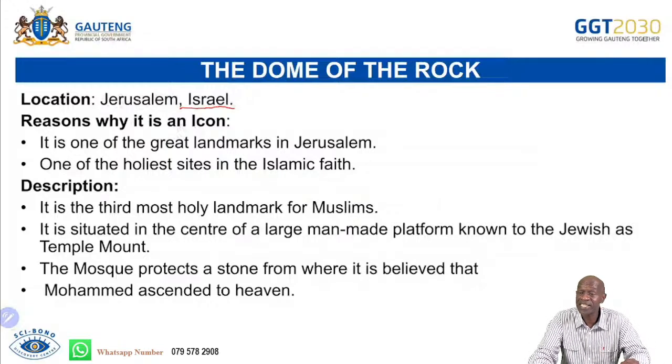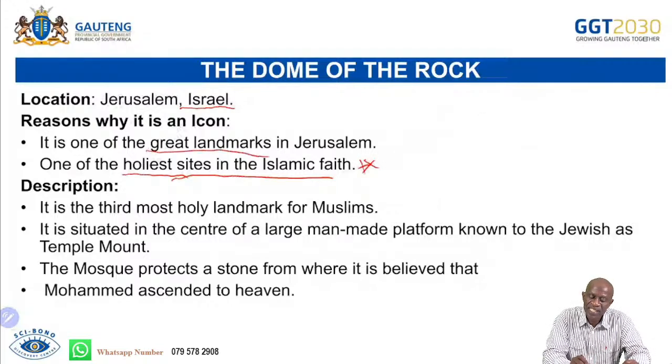The reason why it is an icon is that it is one of the greatest landmarks in Jerusalem, one of the holiest sites in the Islamic faith. So it makes it unique. And another aspect is it is one of the greatest landmarks.